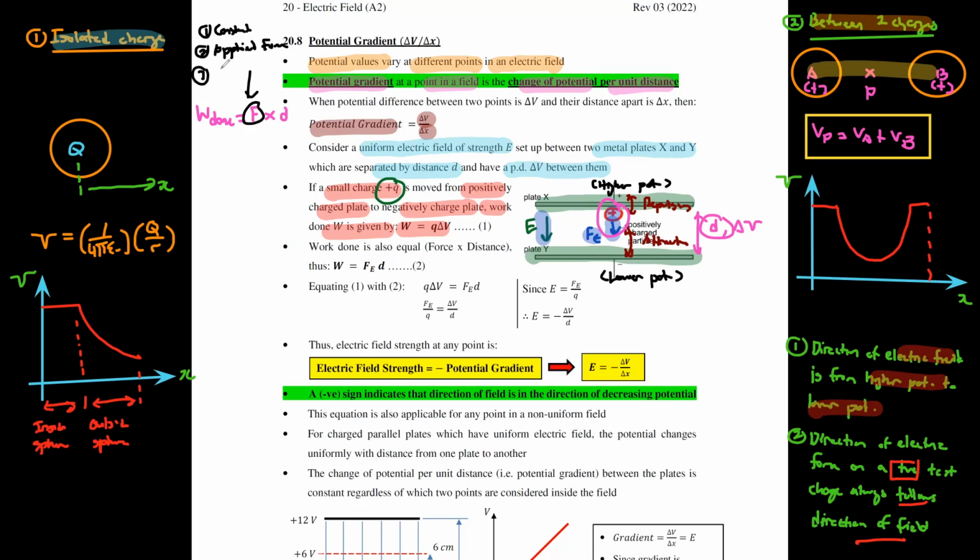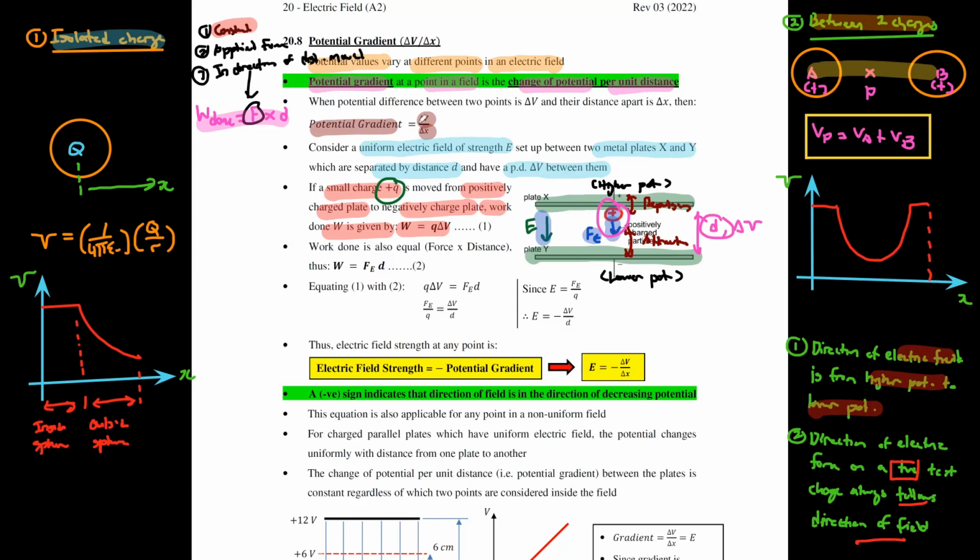And then the third one is that that force must be in direction of distance moved. These were the three things to remember when you wanted to use the work equals FD equation. So here of interest to you is the fact that you need to have constant force in the first place in order to be able to use this equation.